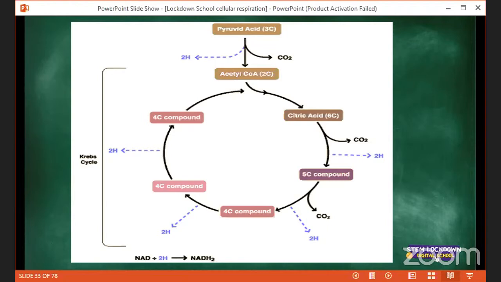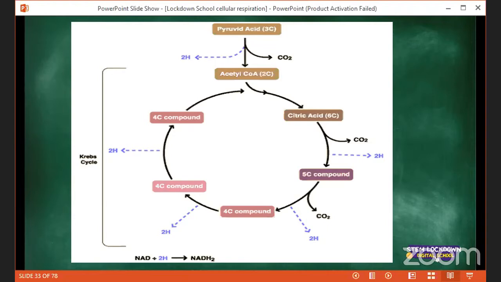Okay, so now in short, the summary for the Krebs cycle, what you should know about the Krebs cycle is that it requires oxygen. Okay, it's a series of reactions that break down pyruvic acid to carbon dioxide and energy-rich hydrogen atoms.